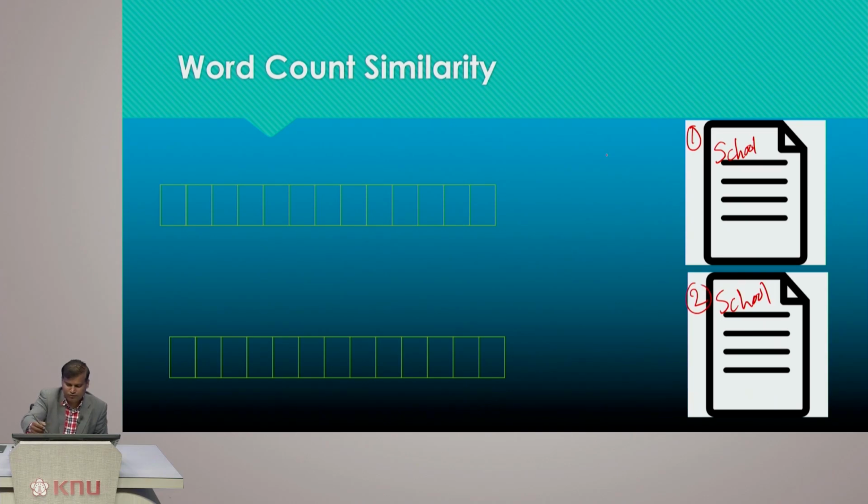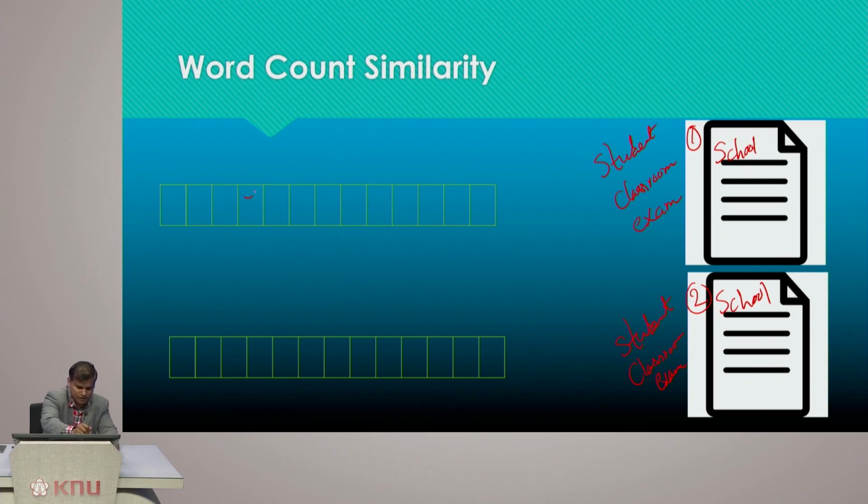The first one has some words like student, classroom, and so on, like exam. Again, you would also have similar words here, like student, classroom, exam. So you're going to look into this part, and you're going to count the number of times the word student appears.